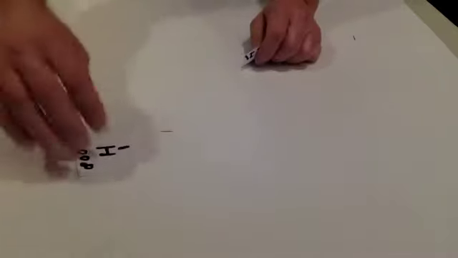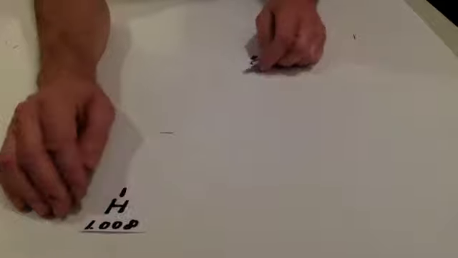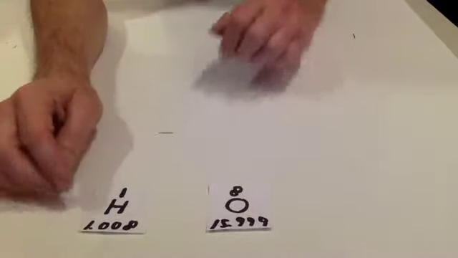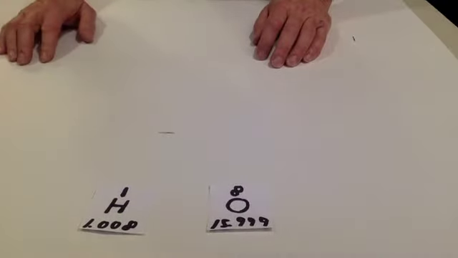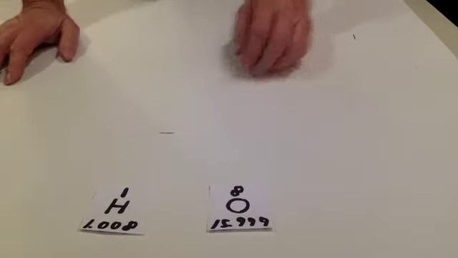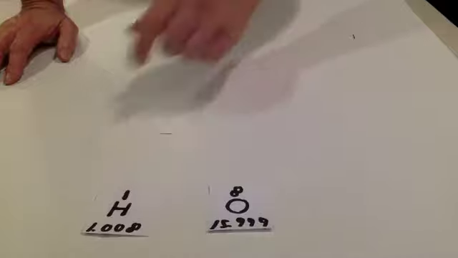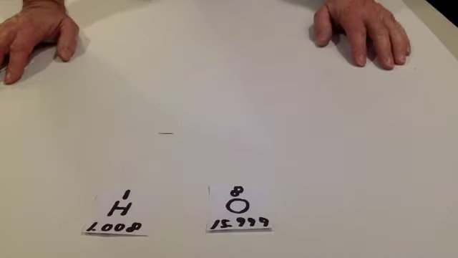So let's first take a look at the two elements as they appear in the periodic table. Over here we have hydrogen, and over here we have oxygen. As we can see, hydrogen has an atomic number of 1, and you already know that that tells you hydrogen has 1 proton.